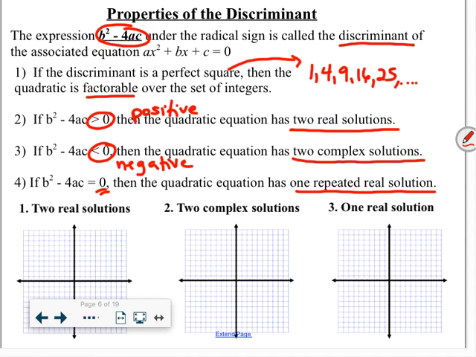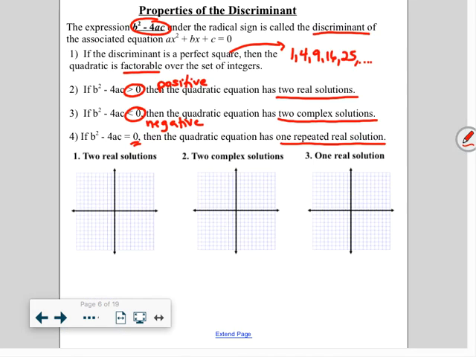What I want us to draw here below is, if I have 2 real solutions, just make any sort of parabola here. It can open up or open down, but in order for it to have 2 real solutions, it's crossing the x-axis in 2 spots.